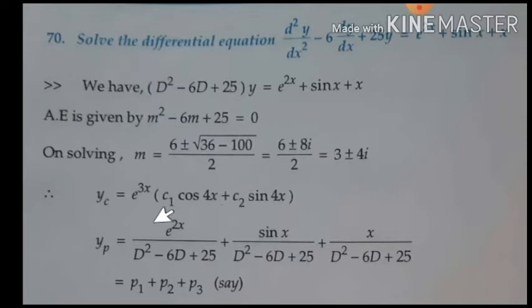That general form you need to remember as a formula. Okay. Then the particular integral using the differential operator. Write down separately for each term of the given right hand side and denote them as P1, P2 and P3.